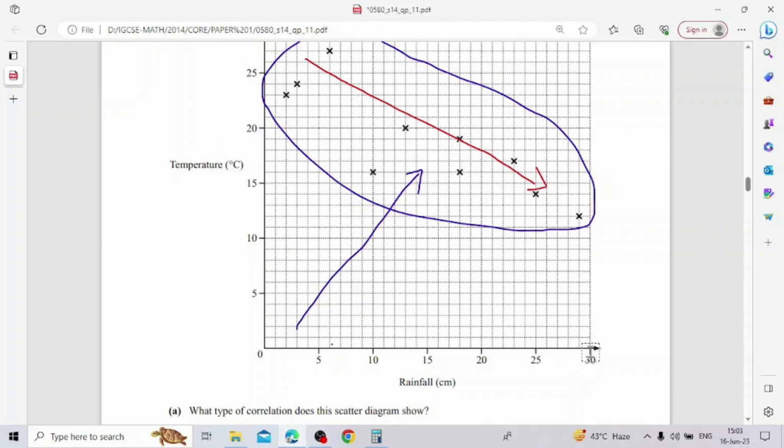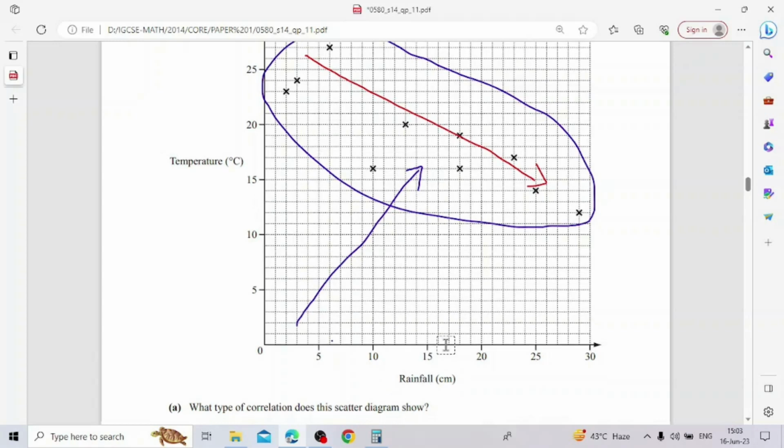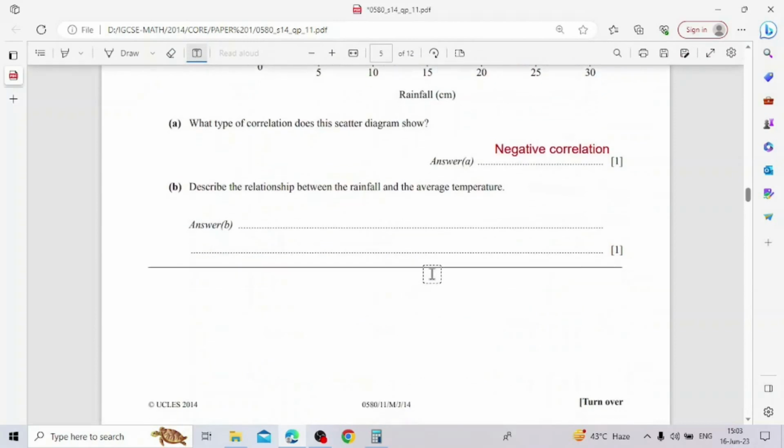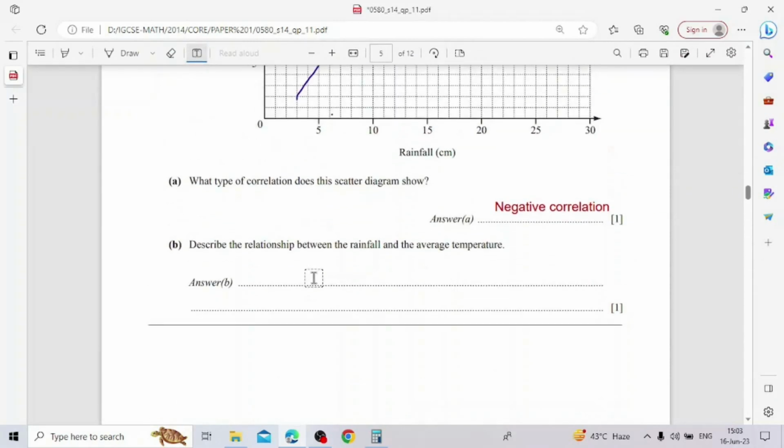When the rainfall is at 29 or something, the temperature dropped to something like 13 or so. So what we can say is, when the rainfall is increasing, the temperatures are decreasing. That's what we are going to write here.